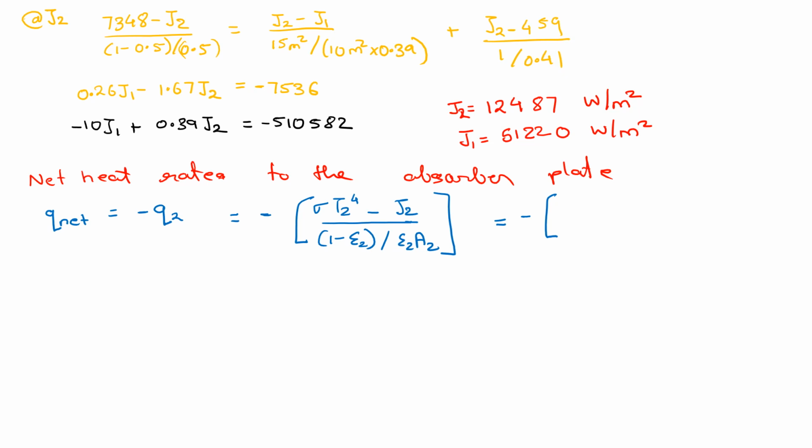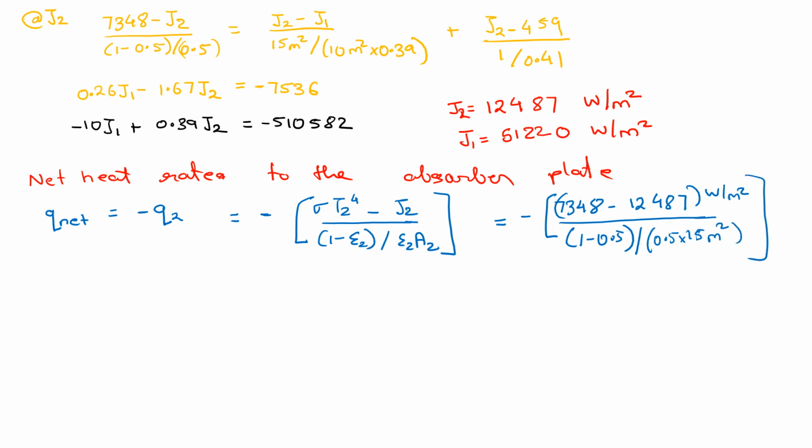And this can be written as negative of 7348 minus 12487. We know these values, and these are in watt per meter square, divided by 1 minus 0.5, which is the emissivity, divided by 0.5 emissivity times area, which is 15 meters square.